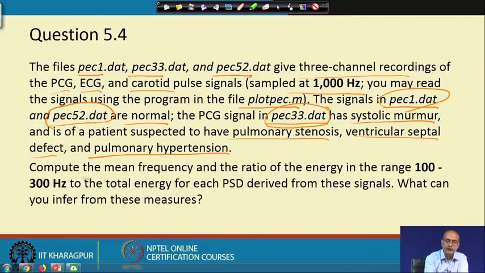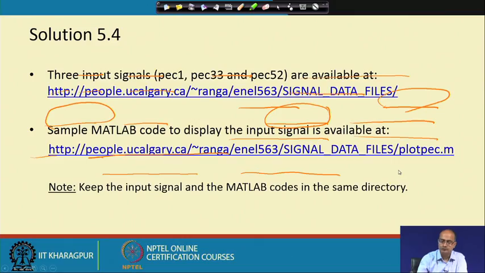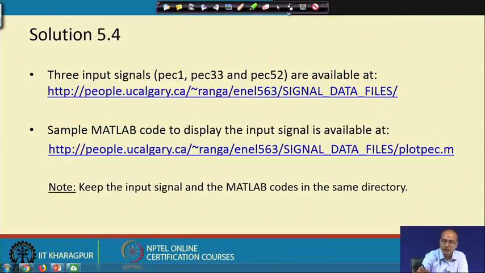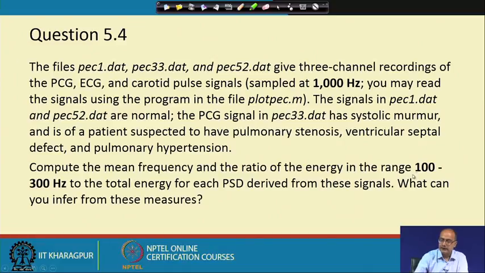For that we have to compute the PSD first of all, and then from the PSD we can get the mean frequency. We can also compute the ratio of the energy in the range between 100 to 300 hertz in this bandwidth compared to the total energy of the PSD.